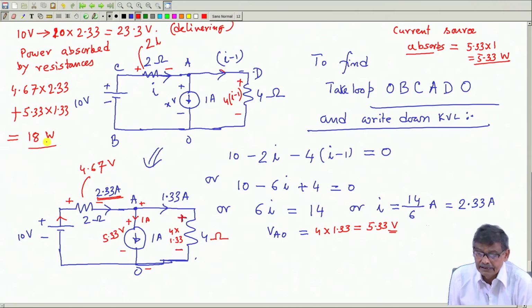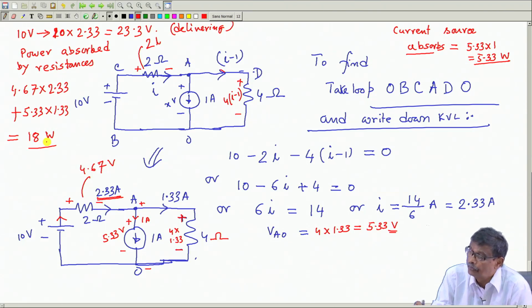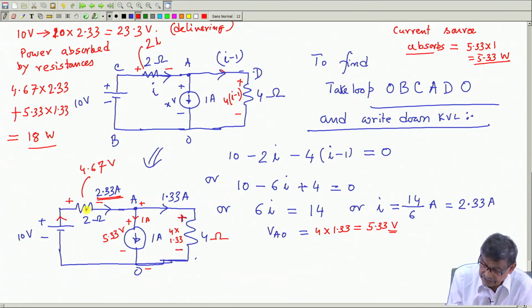Acha. Then the total power absorbed: this resistance absorbs power, this resistance absorbs power, that is 18 watt. So, I will write total power absorbed.